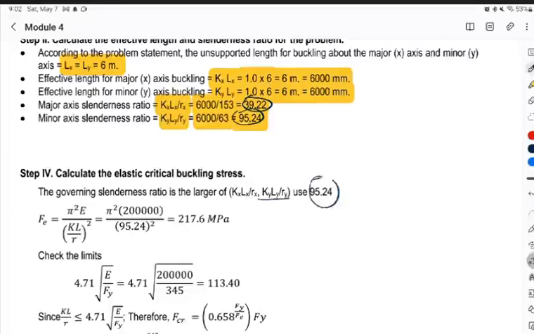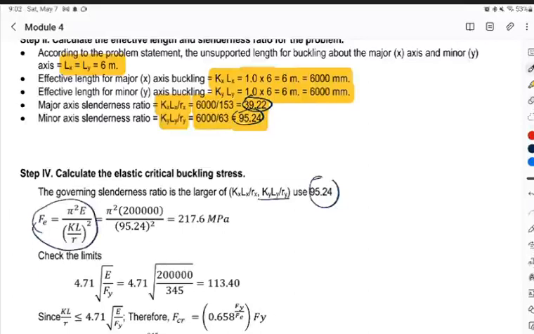So doon natin, class, i-check or i-compare on this limit 4.71 square root of E over Fy. But first, the computation for Fe. It is always Fe is equal to pi squared E all over (KL over r) squared.